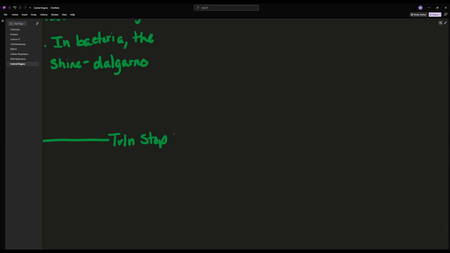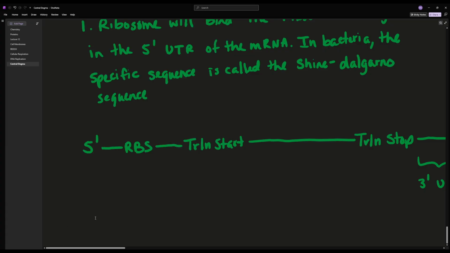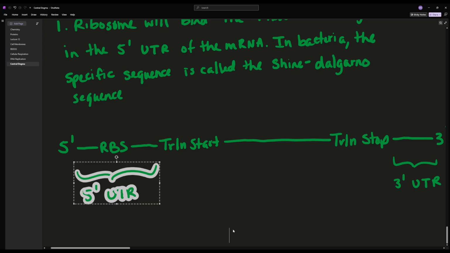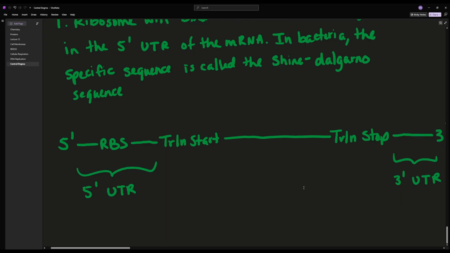And then on the end of this is our 3' UTR. Here is the 5' UTR. As you learn more and more, you will discover how these UTRs are actually very, very important for translation regulation. We're not going to talk about it so much in our discussion. But these are very important later on for getting the correct shape.